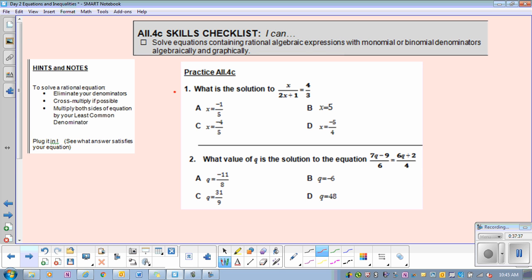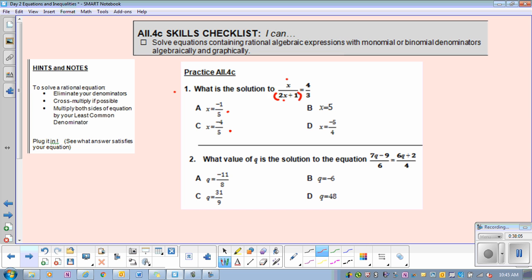All this on the left equals 4/3, right? So x over 2x plus 1 has more than one term, so that has to go in parentheses. One of these answers, when it goes in for these x's, when you hit enter, should give you 4/3. That's what it's saying.